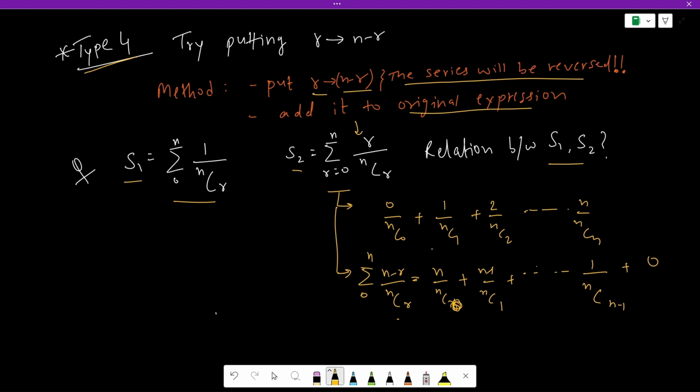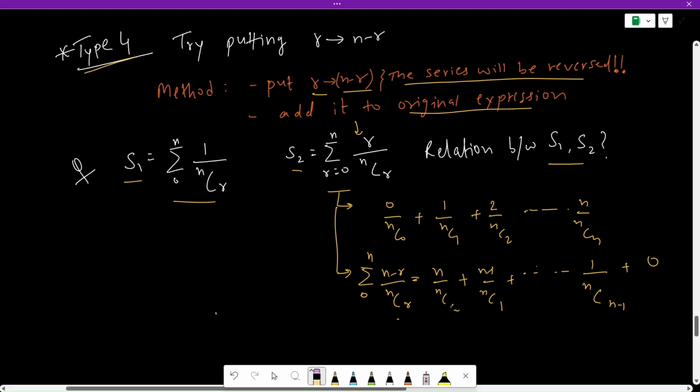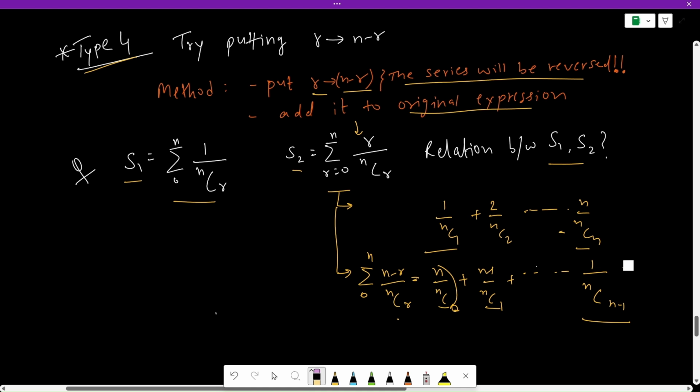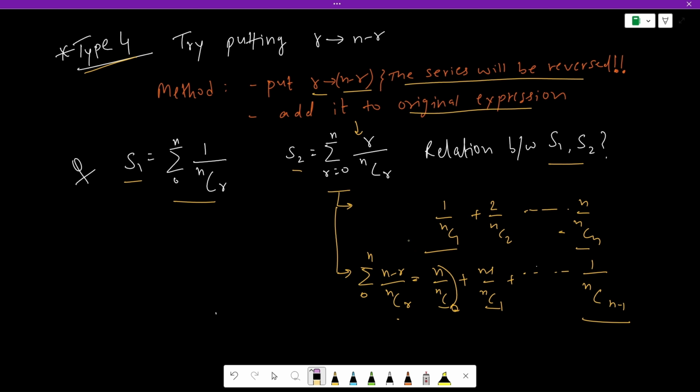Now as you can see, the series is exactly reversed. This term is same as this term, this is same as the previous one, and this is 0 only. Let me just remove it. So you can see the series gets reversed when we put r to n minus r.